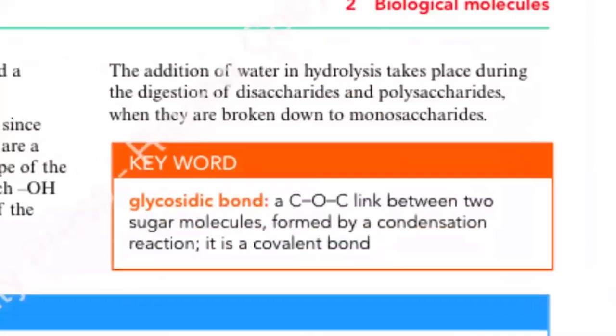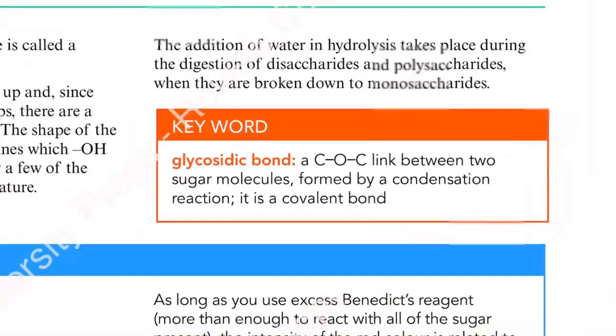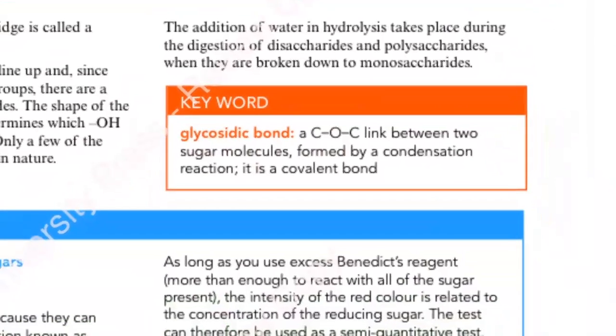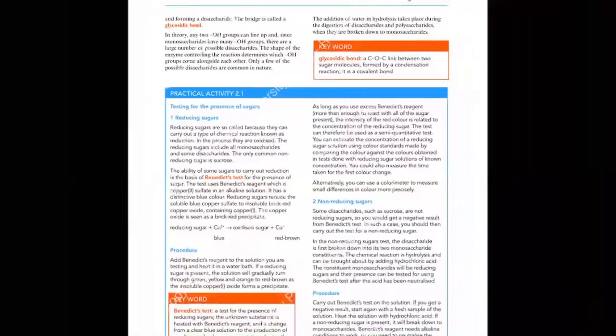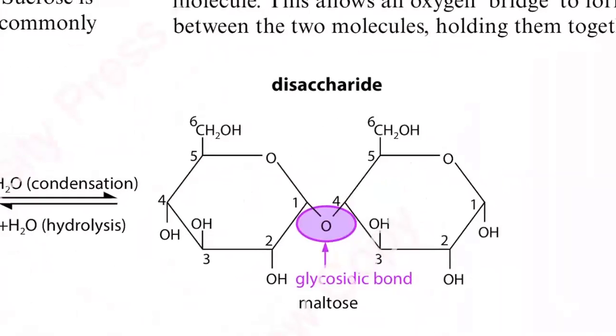You agree that this is a glycosidic bond? COC. CO and C. This is a carbon, this is another carbon, and this is O. Now do you understand this?